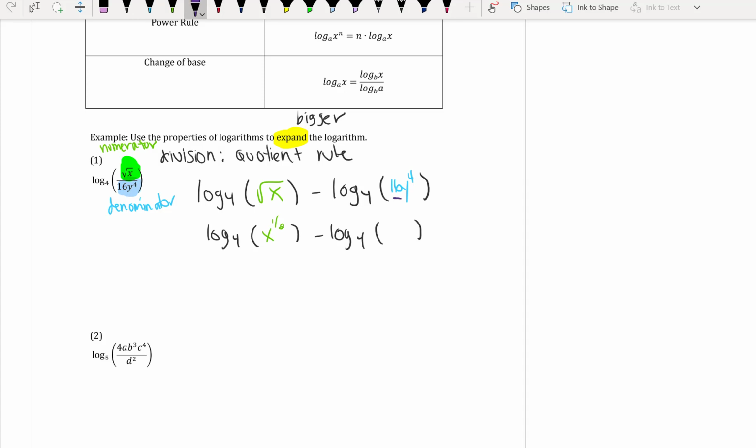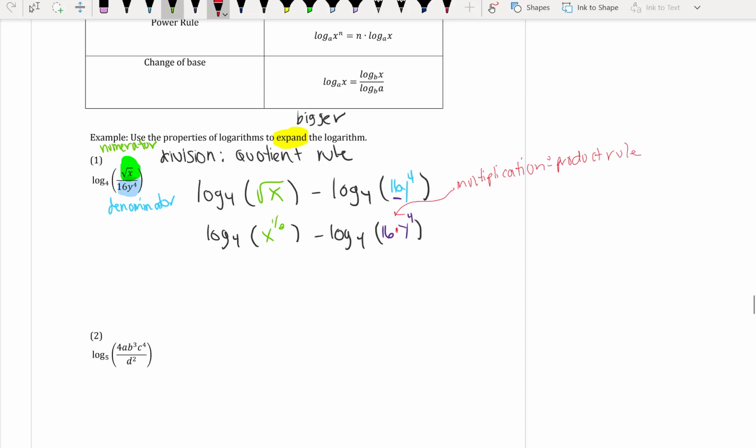I have the 16, so that's definitely true. But now I also have the y to the 4th as being multiplied. So here not only am I going to use the quotient rule, but because this is multiplication, that indicates to me that we're also going to be using the product rule.